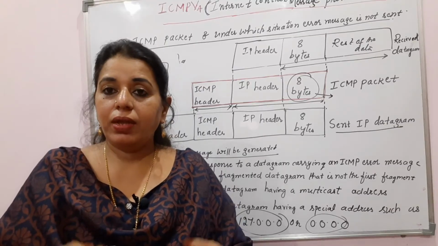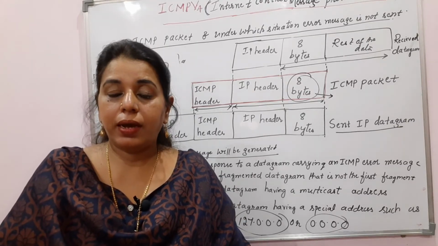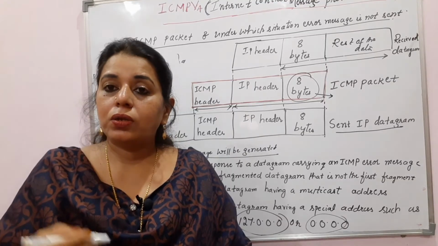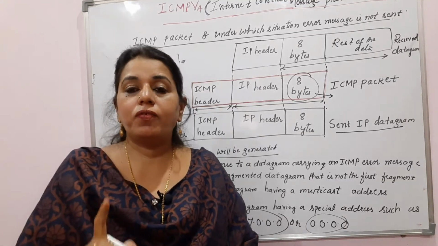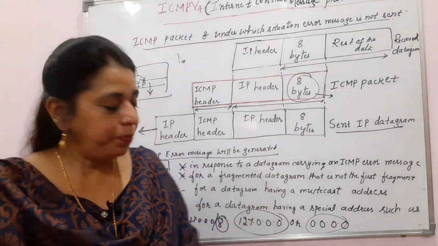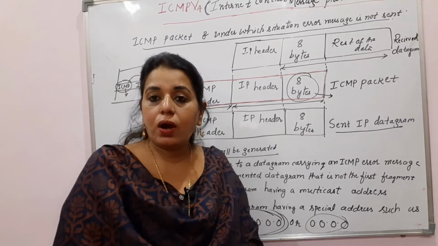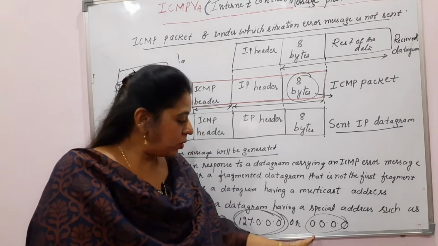If I am receiving the message myself, I will know whether I have received it or not. So in that case there is no requirement for ICMP to send the error message. That's the reason ICMP error messages are not sent for this special address.